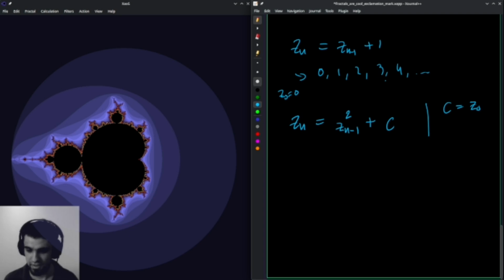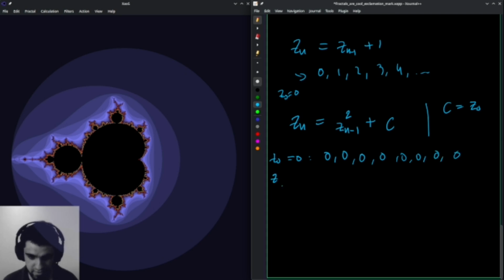This will change later, but in a second, let's just look at some examples. So what happens if z0 is equal to 0? Well, 0 squared plus 0 is also 0. And if we square 0 again and add 0, we still have 0. So this is a very interesting sequence.